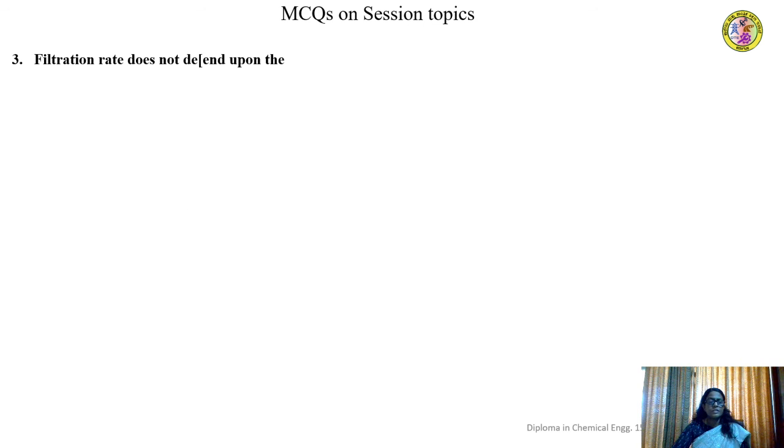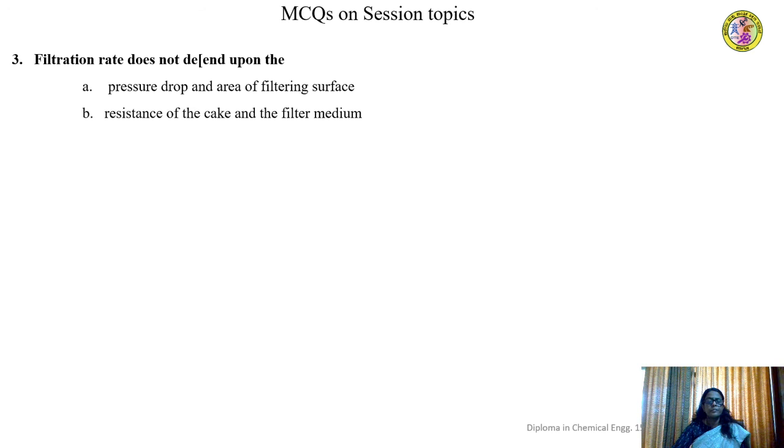This is your third question coming up. Filtration rate does not depend upon the pressure drop and area of the filtering surface, resistance of the cake and the filter medium, properties of cake and the filtrate, or none of the mentioned.